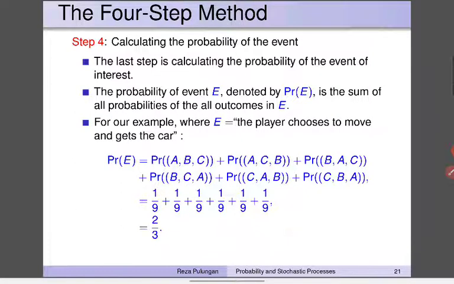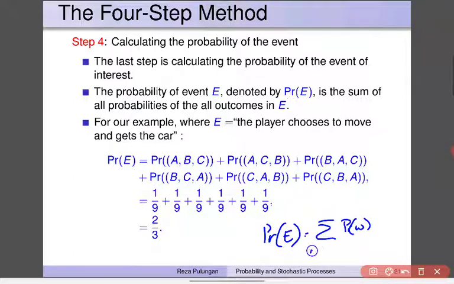The probability of event E is equal to the sum of all the probability of omega for all the omega inside of the E. We have seen this before.